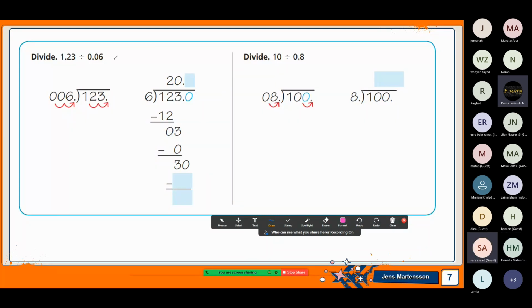After 2 digits. 1, 2. So I will move to the right 2 digits. And since I move here to the right 2, I will move here 2 digits. So it comes like 123 divided by 6.